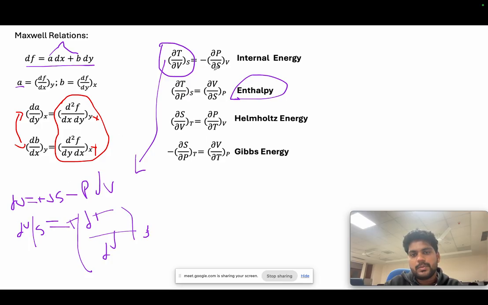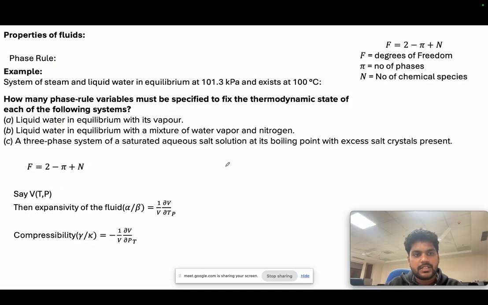So then these two entities will be the same thing from the enthalpy. If you do this, then you will get the same thing from internal energy, and from Helmholtz energy you will get this equation, and this is from the Gibbs energy. So this is nothing but what the Maxwell relation says. Once we have the Maxwell relationship, we will go to the properties of fluids.